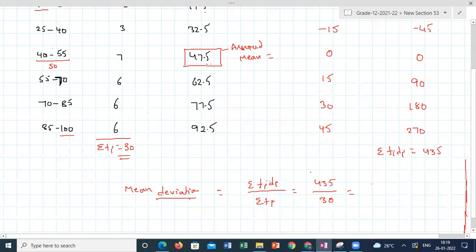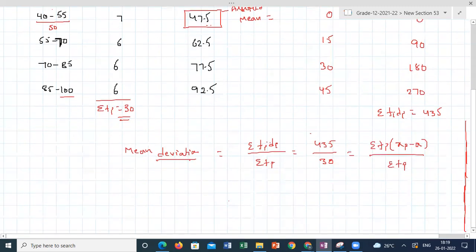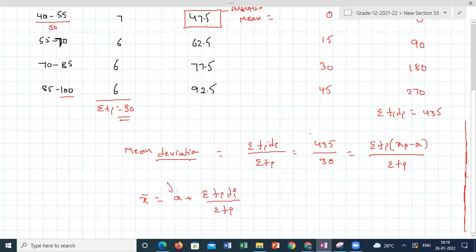What is sigma Fi Di? Sigma Fi into Xi minus a, where a is the assumed mean, divided by sigma Fi. So from here, I need x bar. The x bar will be equal to a plus sigma Fi Di by sigma Fi, where a is the assumed mean.